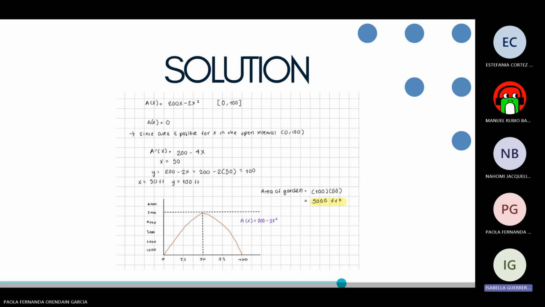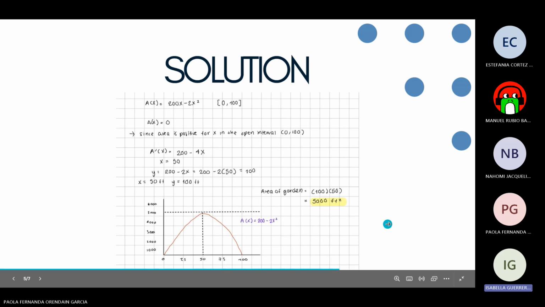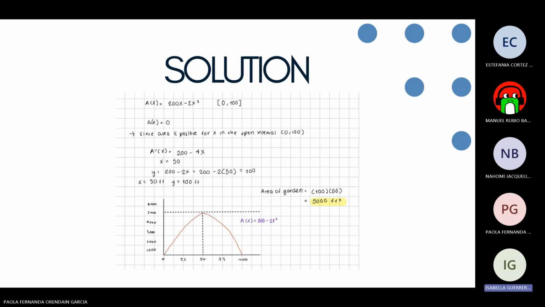Since the area is positive for x in the open interval 0, comma, 100, first we have to find the derivative of the area, which is 200 minus 4x.